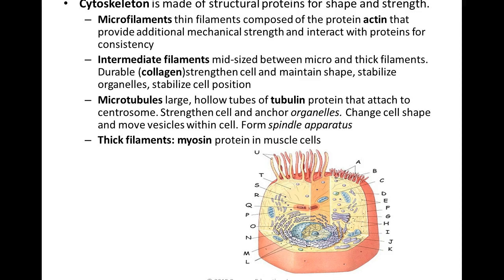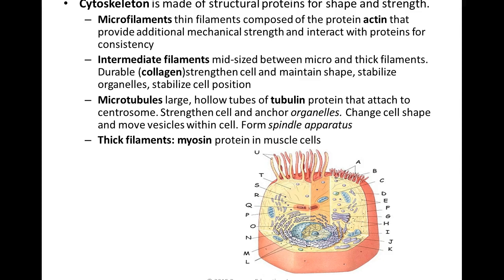In making up the cytoskeleton, you have different types of structures. You have microfilaments, and these are composed of the protein actin. Actin and myosin, we put those two together for a muscle cell, and we'll talk about that when we talk about muscles.